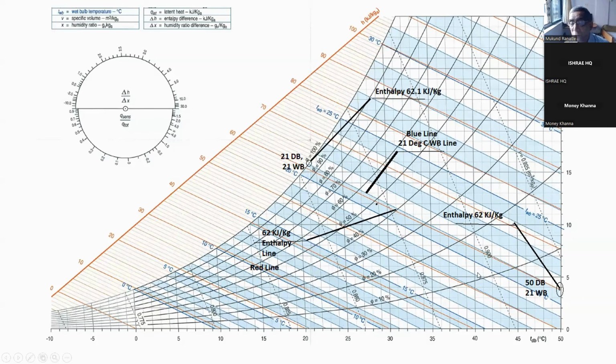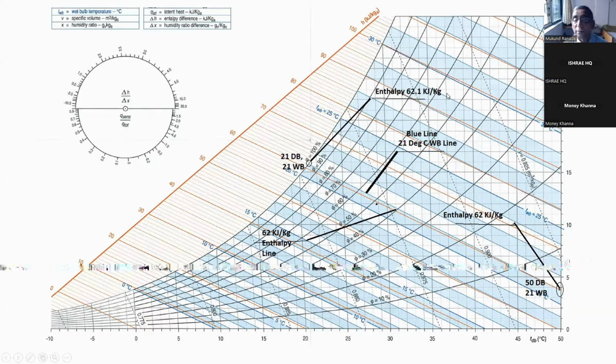If I want to know the enthalpy of 50 degree dry bulb and 21 degree wet bulb, I go along the red line and see the enthalpy here, which is 62 kilojoule per kg. But if I want the enthalpy of 21 degree dry bulb and 21 degree wet bulb, I go along the wet bulb line of 21 degree and measure the enthalpy here, which is 62.1 kilojoule per kg.